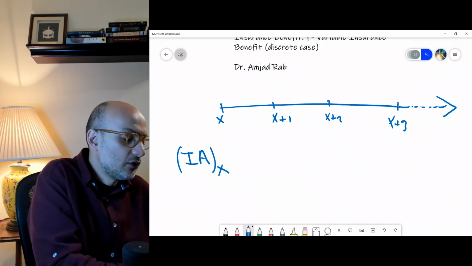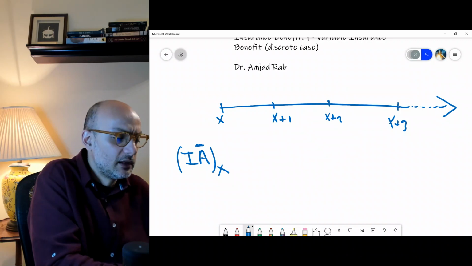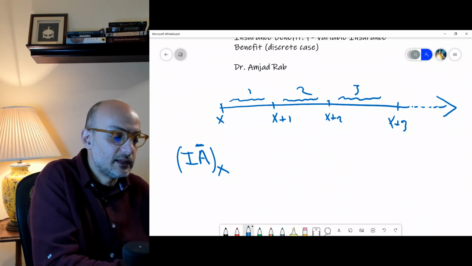Previously, if you recall, we had a bar either over the I or over the A, but let's focus on the A. If there is a bar over the A, it means that benefit is paid at the moment of death. So benefit is paid here 1, 2, 3, because of the I, the increasing.